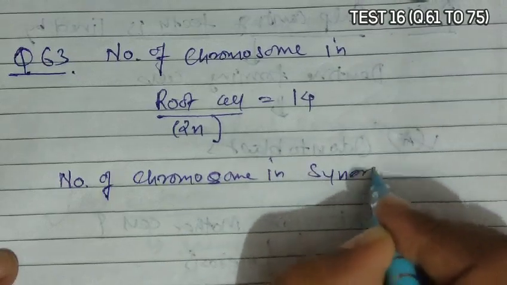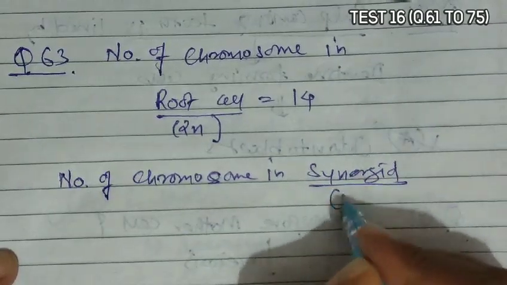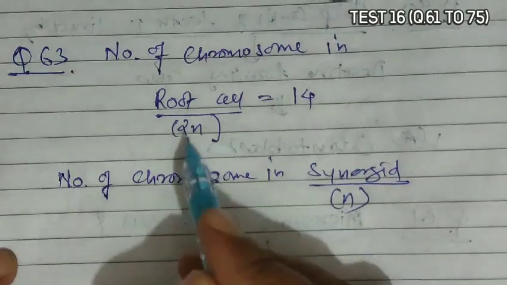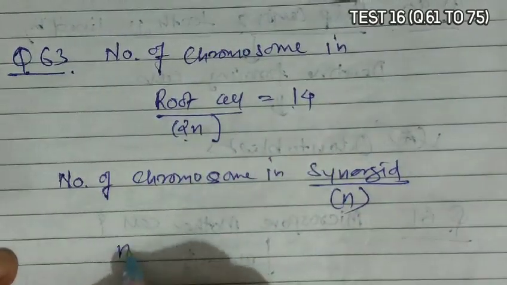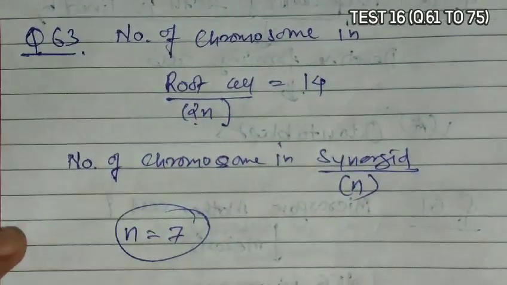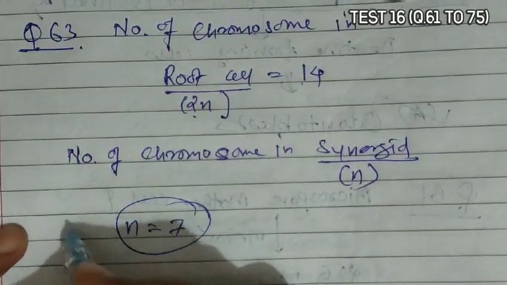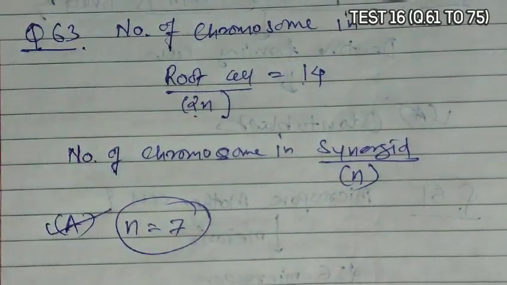Synergids are haploid cells, they are n. So if 2n is equal to 14, then n is equal to 7. So 7 is the correct answer, that is option A.